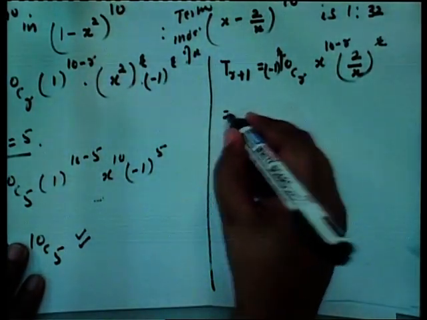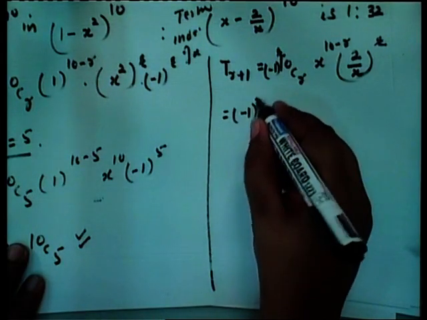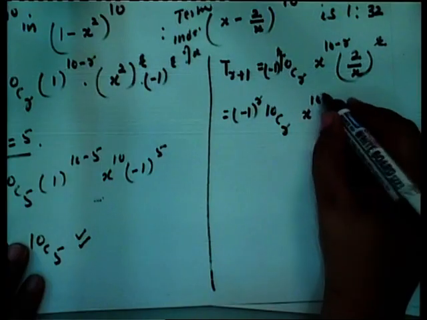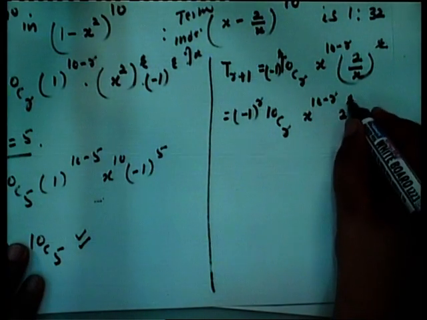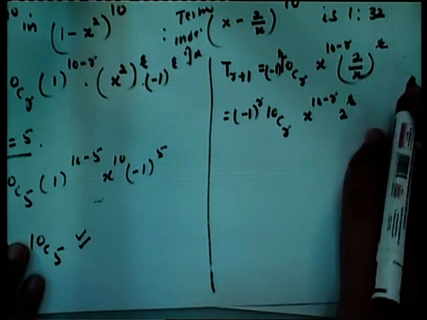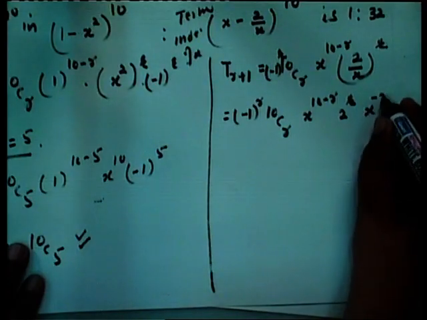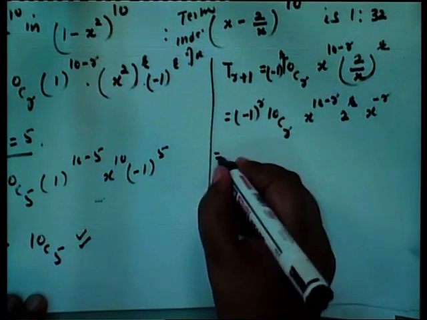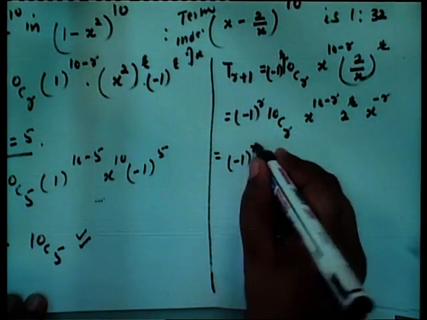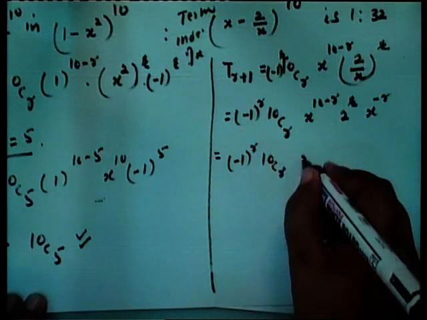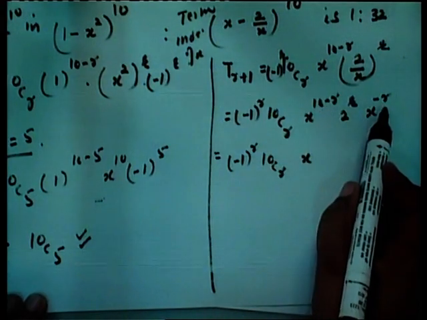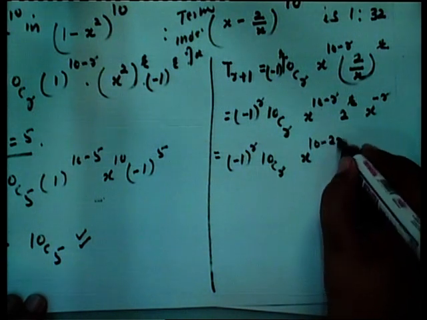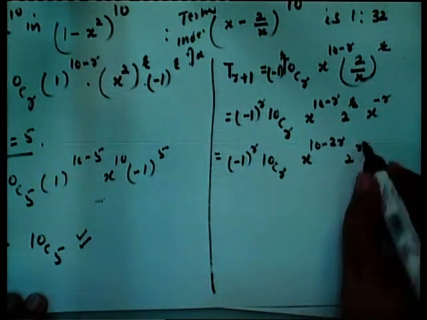So this will be equal to (minus 1)^r 10Cr x^(10 minus r) into 2^r. Now 1 upon x raised to power r will be x^(minus r). So this will be equal to (minus 1)^r 10Cr x raised to power 10 minus 2r into 2^r.